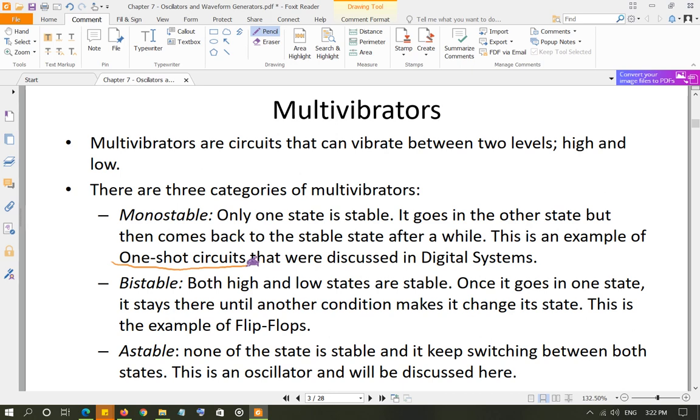It will stay in the unstable state for a specific period of time, but then it returns to its stable state. And the third type of multivibrator that we are going to study, which are basically oscillators, are astable. That is, no state is stable. It keeps vibrating between the high state and the low state. So those are oscillators, and that's the one that we are going to discuss in this chapter.